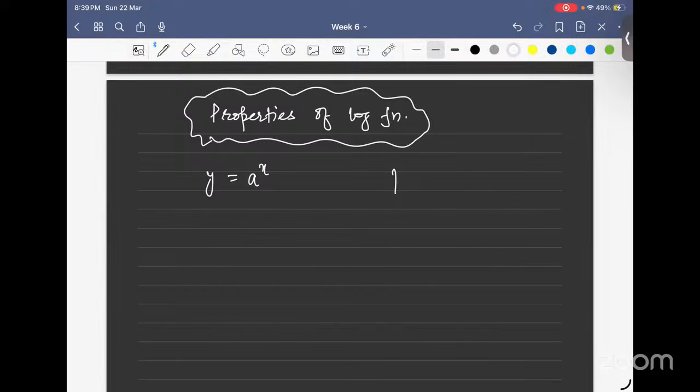And then you have been given the function, the inverse of that, logarithm of x base a. So if you write f of f inverse of x, you should always be getting x, right?